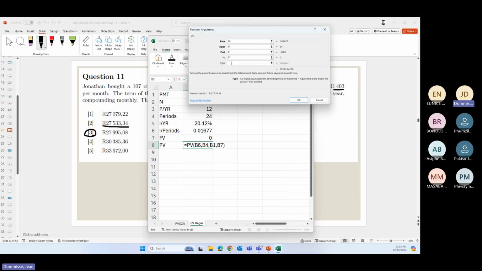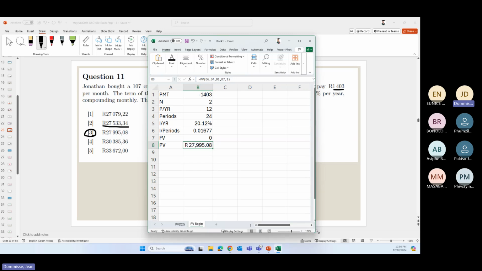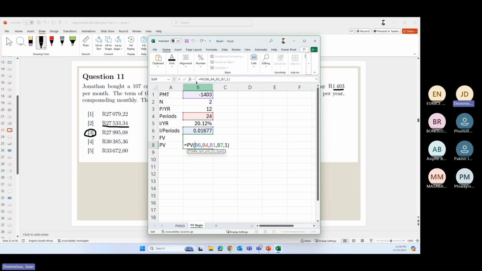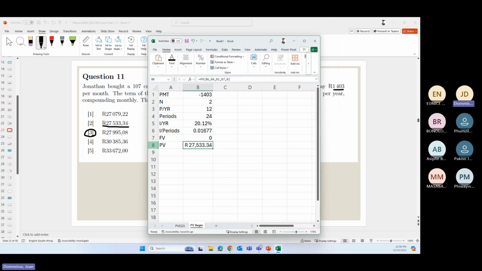So if we say 1, because that says the beginning of a period, automatically it changes to what we need, the 27,995.08. Okay, so in Excel, the place where you would change it is in that formula. If it is a 0, it brings you to the normal one. If we change it to 1, it takes you to the begin function.